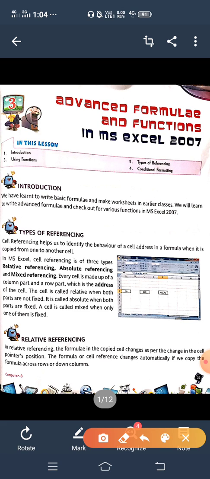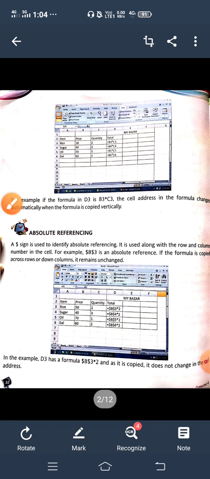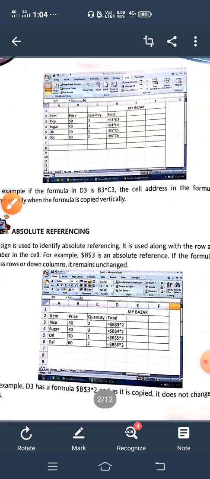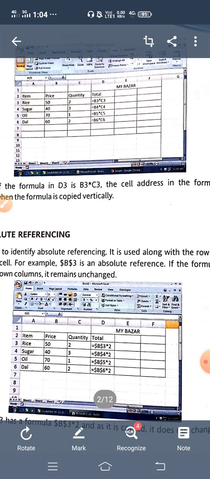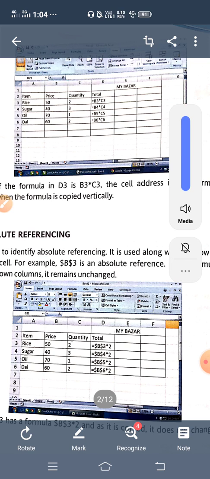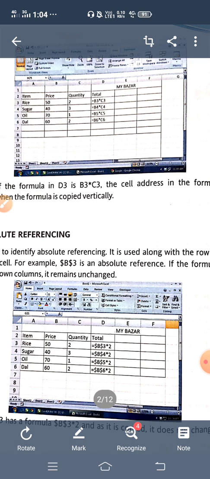Okay, now let us understand with the help of one example. Here you can see there is one table. In this table we have certain columns, like item, price, quantity, total. In items we have rice, sugar, oil, dal.